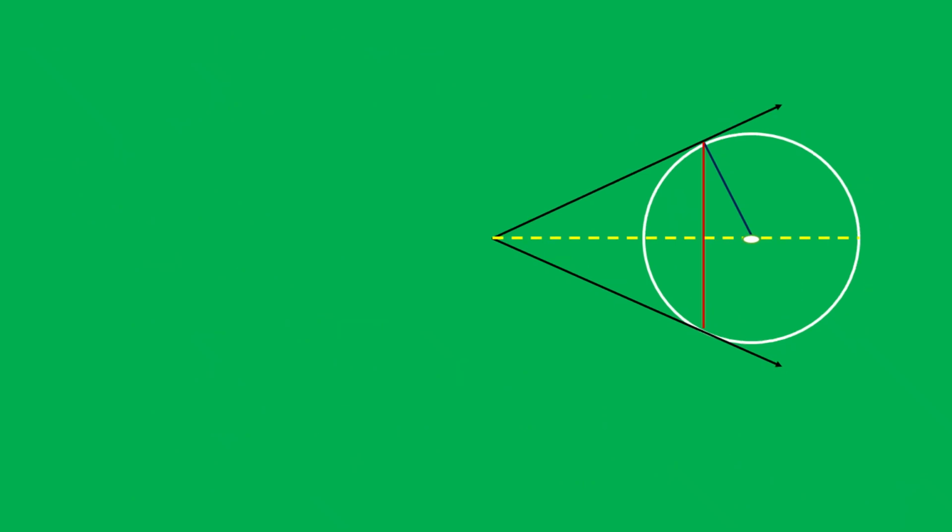So we just found out that OA is equal to 25 by 3 centimeter, and here this point is O, this point is M, this point is N, this point is P, this point is A, and this is 90 degree and this also 90 degree, and we know OM is 5.